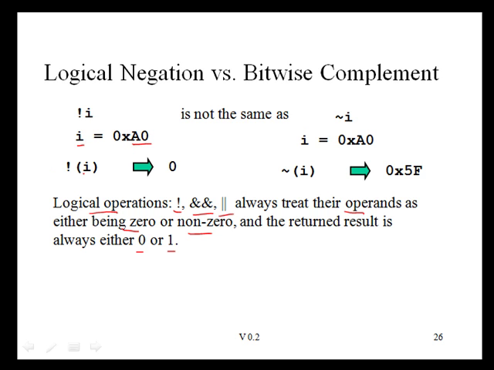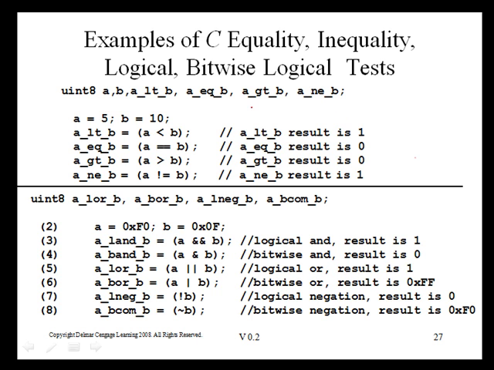This is saying the logical negation of I. Since I is non-zero, that means that it's being treated as a 1 value, and the logical negation of 1 is 0, which is false. On the other hand, the bitwise operation for I is simply going to flip every bit in here. So flipping each bit of A0 yields the value 5F. 5F is not the same as 0. These two operations return different values. So let's take a look at some examples.